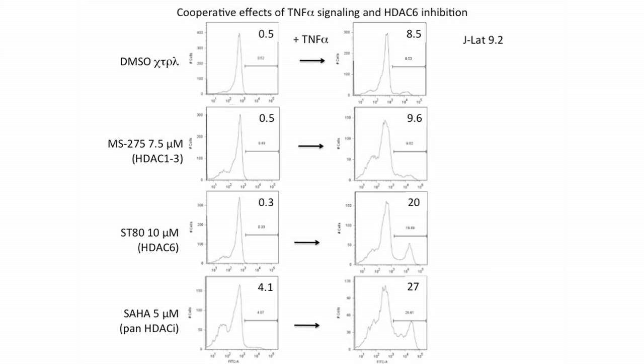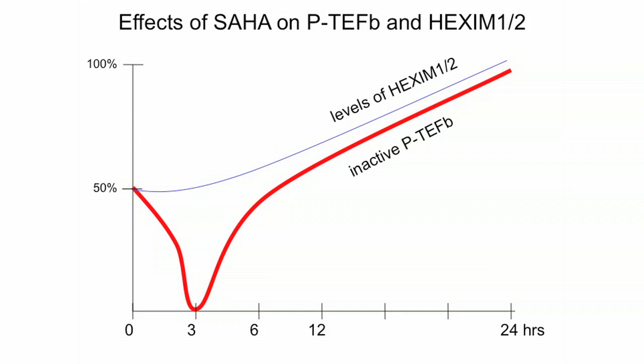But once you add TNF-alpha to the system, which activates NF-kappa B, you can see now very robust activation of HIV in this latency model. So that synergism between NF-kappa B activators and P-TEFb release factors then produces a tremendous activation of viral transcription and replication in this cell model of latency.